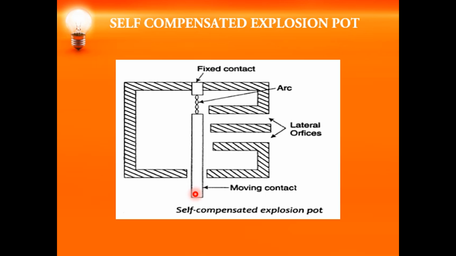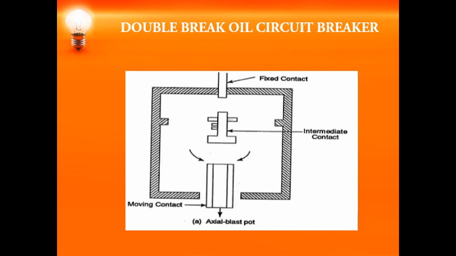The self-compensated explosion pot has both a cross-jet and a plain explosion pot, so it can be used for both low current as well as high current interruption.